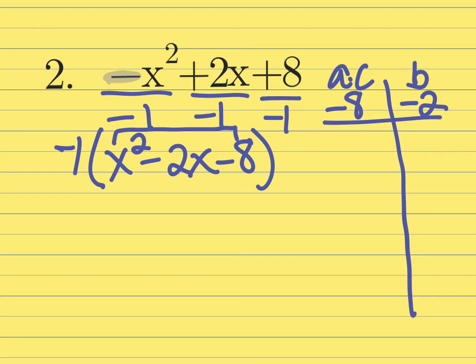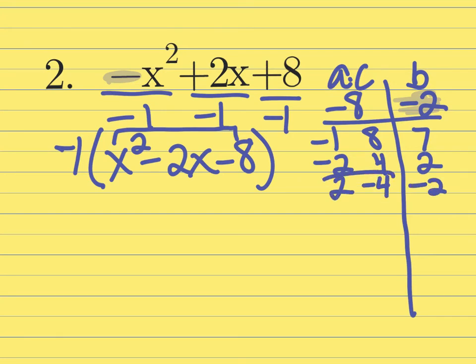Again, -1 and 8 gives me a 7. -2 and 4 gives me a 2. But I want a -2, so I need to flip my sign. So I'm going to have a 2 and a -4. That'll give me my -2.